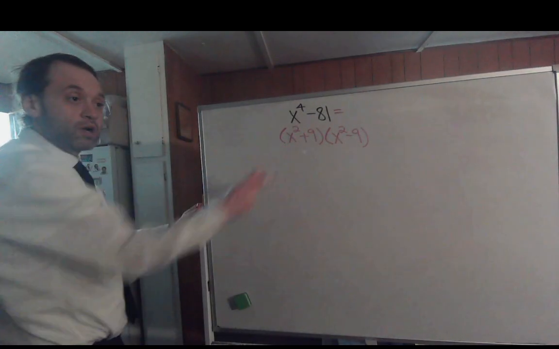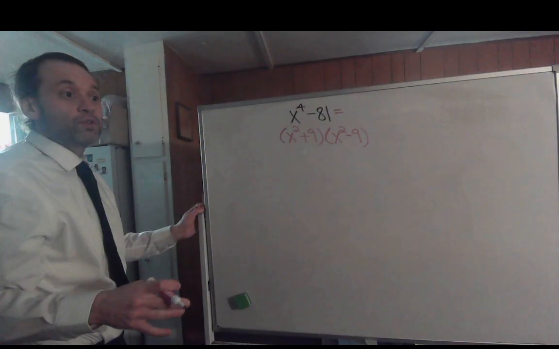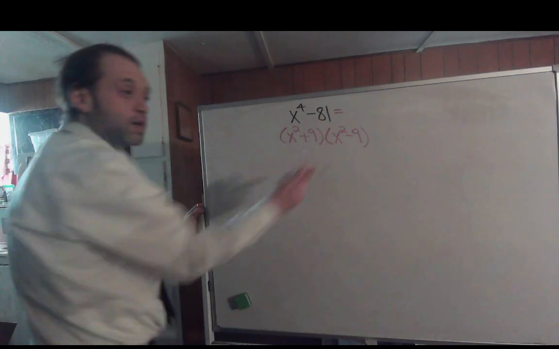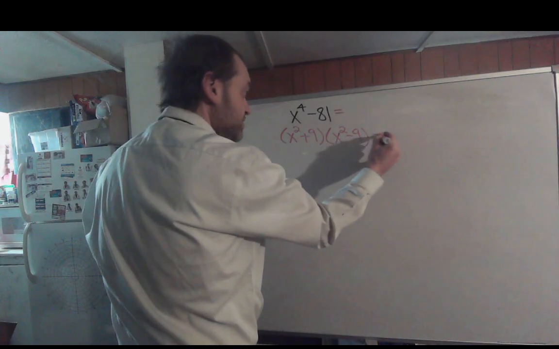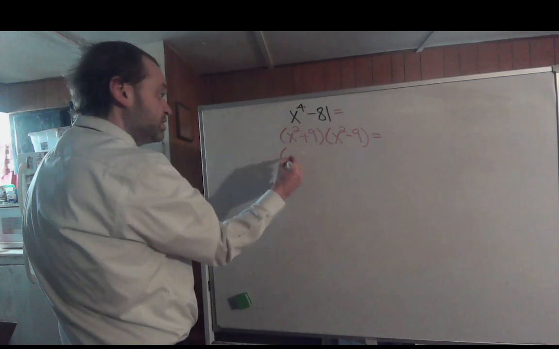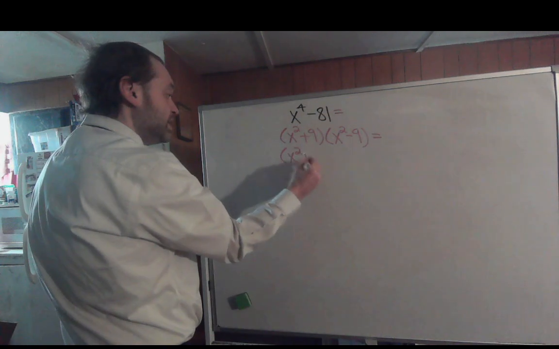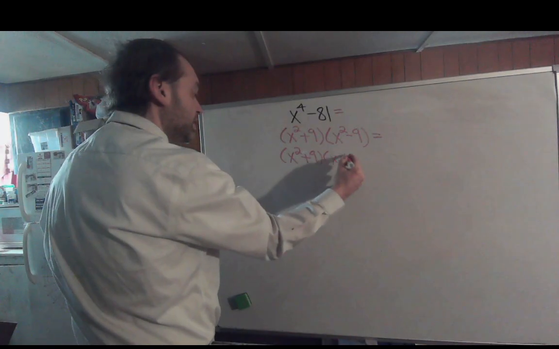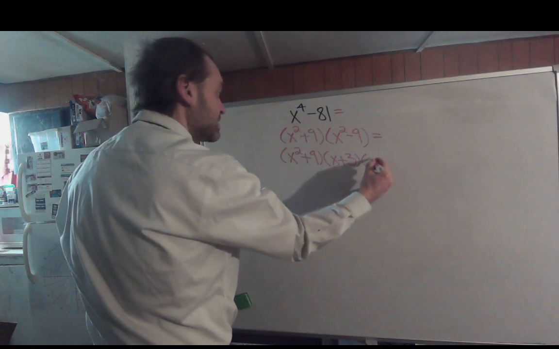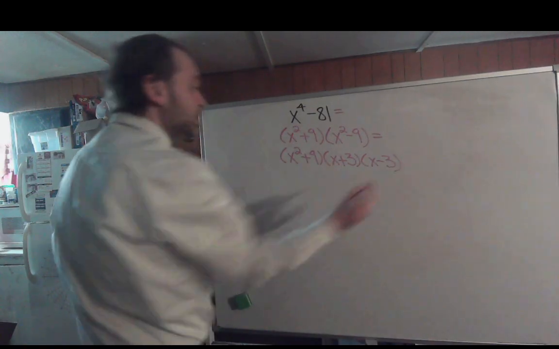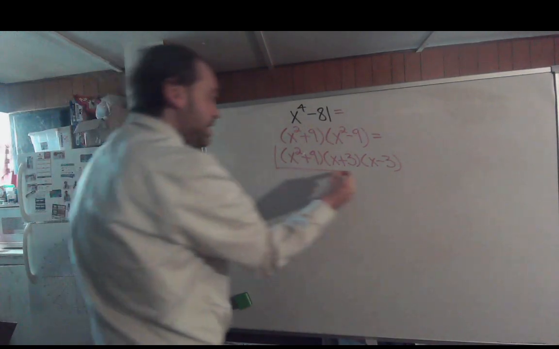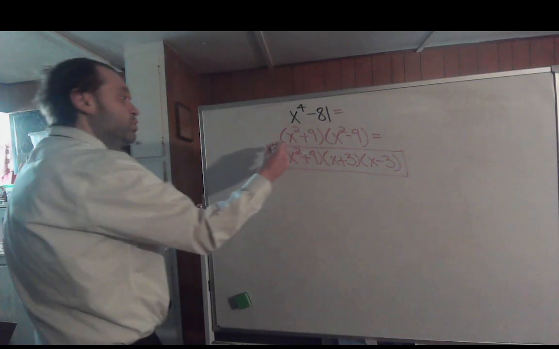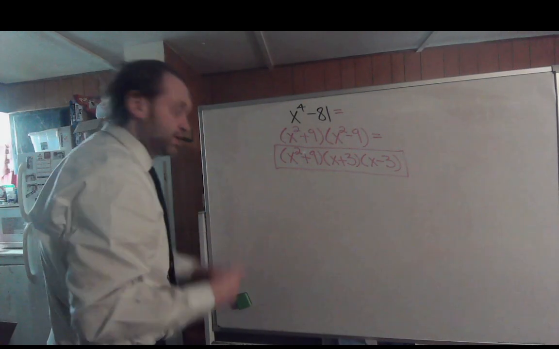Alright, well, x squared plus 9 we can't factor any further, but we sure can factor x squared minus 9 further. That's a difference of two squares. So the complete factorization of this would end up being x squared plus 9 times x plus 3, that quantity, times x minus 3. So again, with the even powers, it's all about taking a quadratic approach to factoring them.